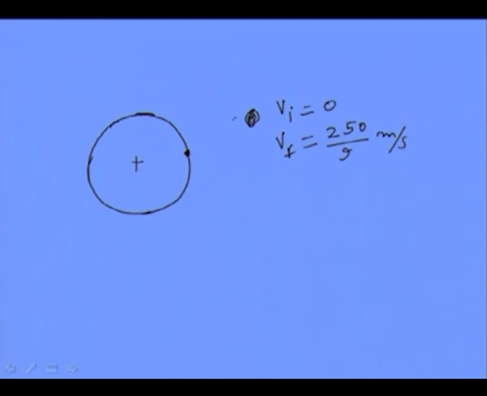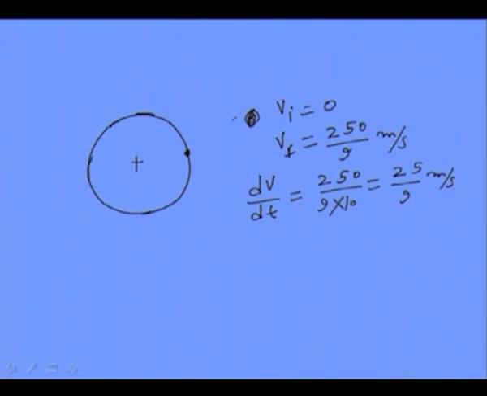Then, it has been mentioned that this particle attains a speed of 250 by 9 meter per second in 10 seconds. Therefore, we know that dV by dt is equal to 250 by 9 by 10, that is 25 by 9 meter per second square, provided the speed has been attained in a uniform manner.